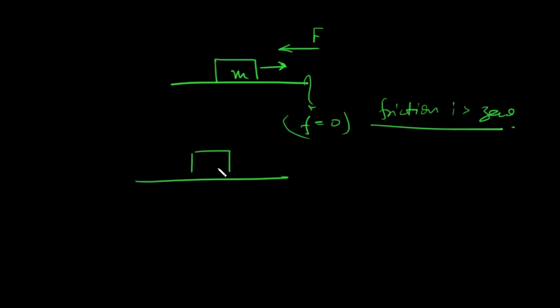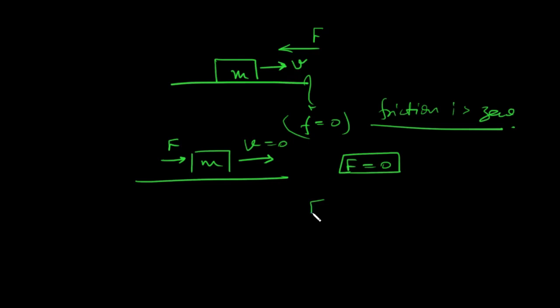And if a body is at rest, let us consider in the first part the body had velocity v. Here velocity v is 0. So we need an accelerating force, not a decelerating one, to get this body moving. So if the force is 0, the body will continue to do what it was doing before.